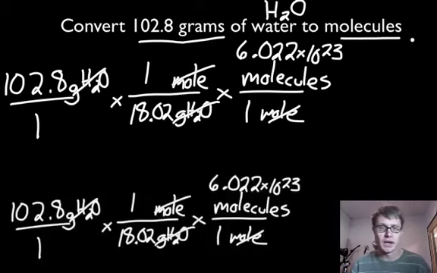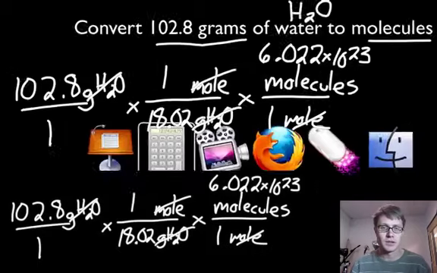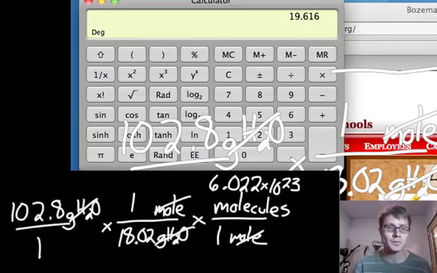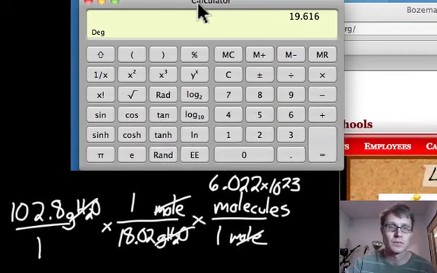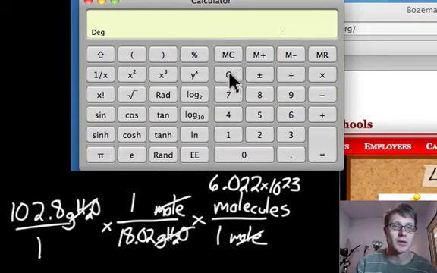And so if we do that on the calculator, let me switch to a calculator. So we are going to take 102.8, and I'm going to multiply that times Avogadro's number, which is 6.022. Oops, I screwed up there. So let's try that again.